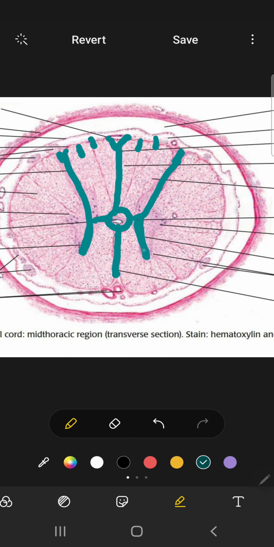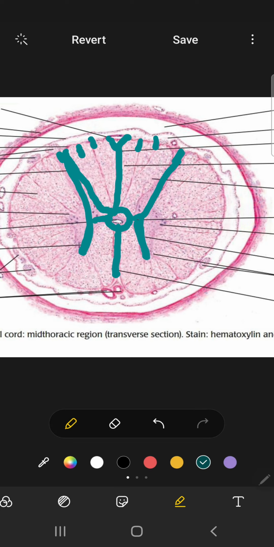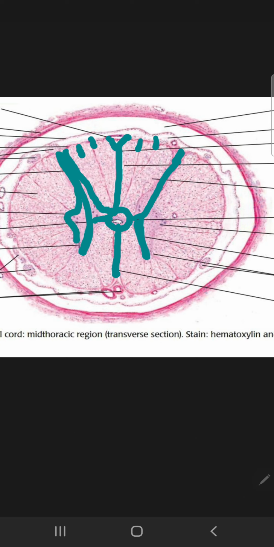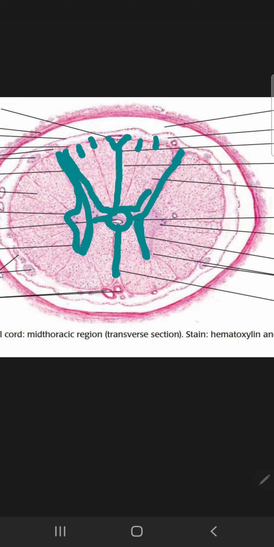The gray matter that is present dorsal to the central canal, if we highlight the gray matter properly, this is all the gray matter.